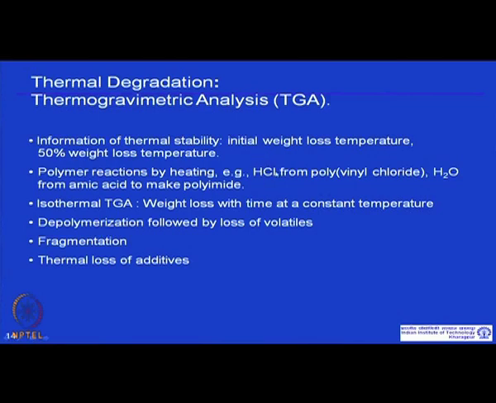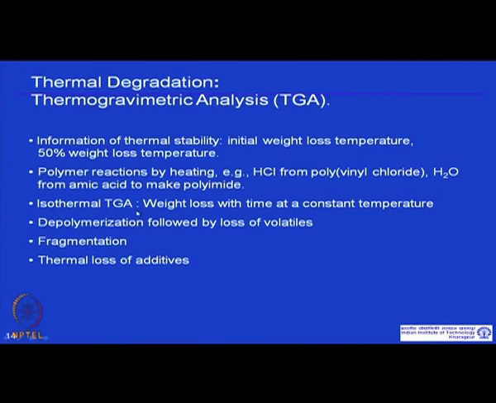Sometimes small molecules come out of the polymer during heating, like HCl from polyvinyl chloride, H2O from amic acids. So, from the weight loss, we can get some idea about whether this type of reaction is happening.